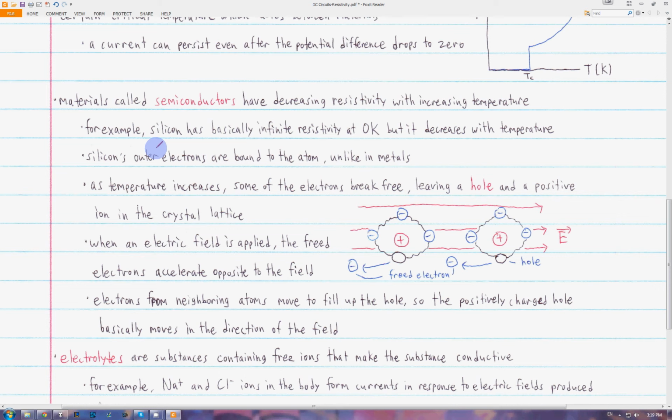So at low temperatures, the resistance of silicon is very high, because there are no free electrons to conduct the current. But as the temperature increases, some of the electrons can get loose, and the more free electrons there are, the more current can be conducted. So that's why resistance decreases in these types of materials as the temperature increases.